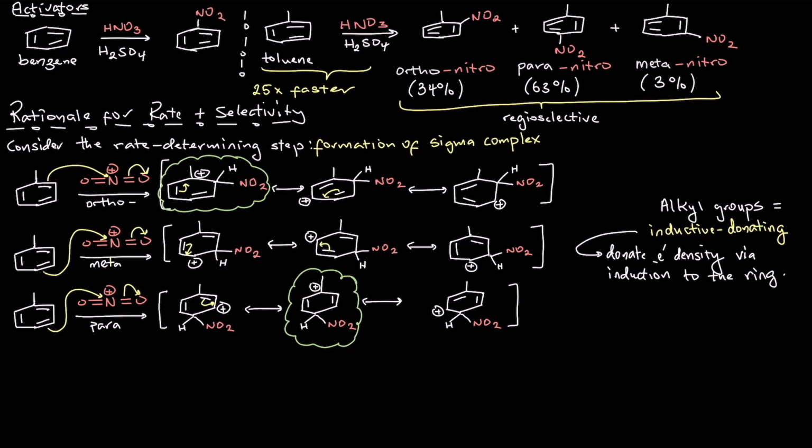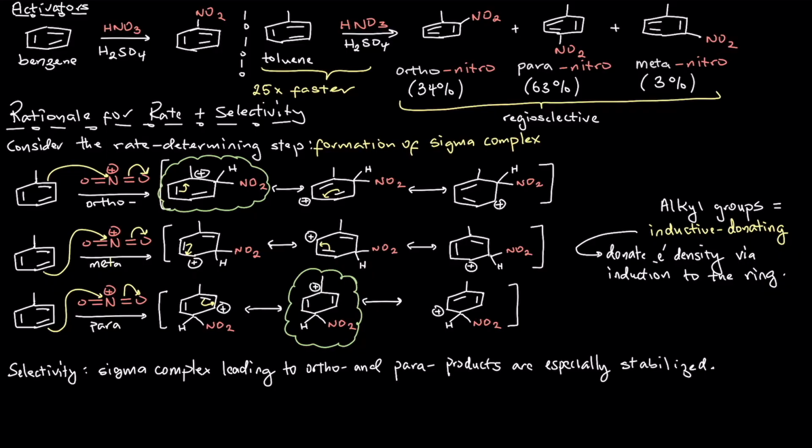And so given that your sigma complex is really electron deficient, anything that can help to stabilize that carbocation character is going to be incredibly helpful in stabilizing the sigma complex, which will make the reaction go faster under those pathways.